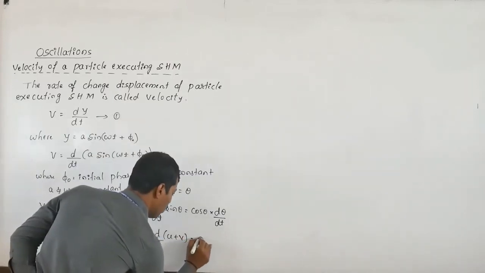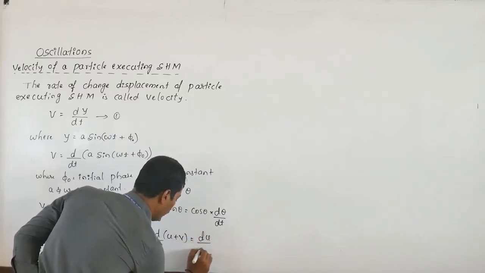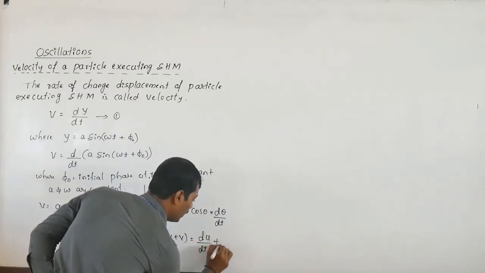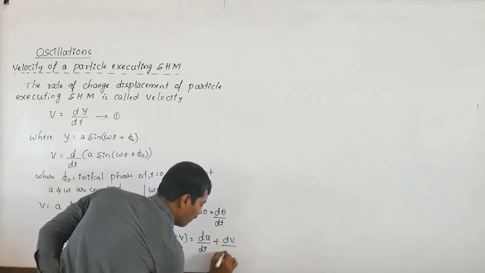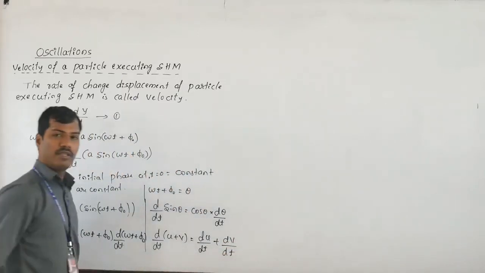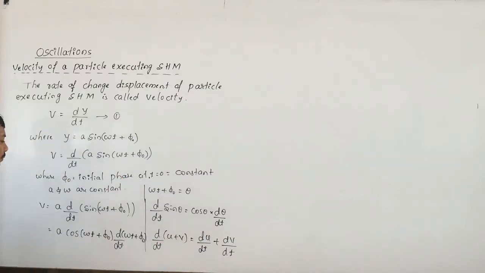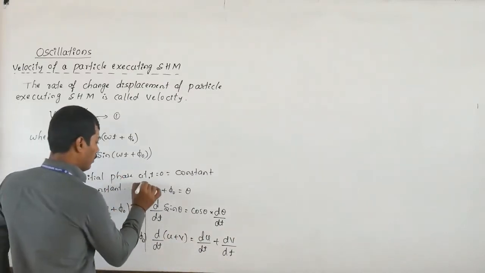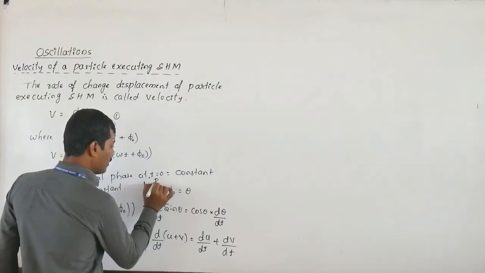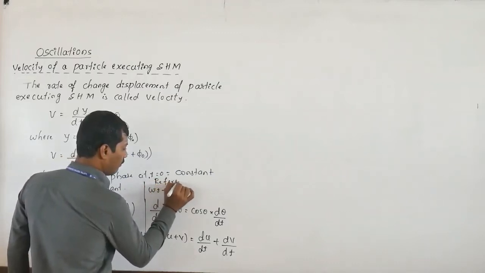Its form is differentiation of u with respect to t, plus differentiation of v with respect to t. Apply this form. This is a reference; I will write the reference here.